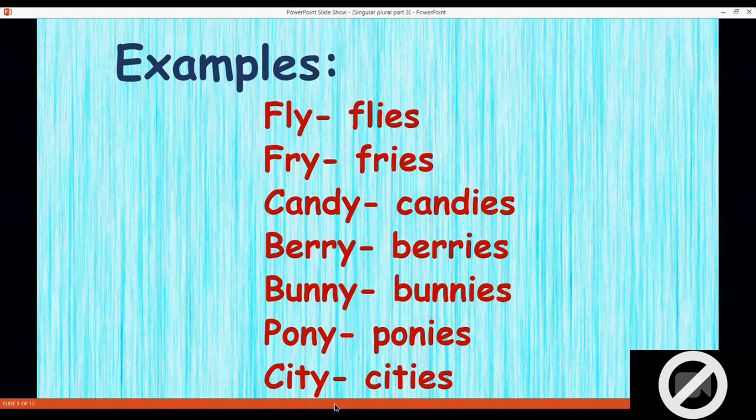So what is the last letter of the word pony? Y. Very good. And before Y, what is the letter? Is that a vowel or a consonant?